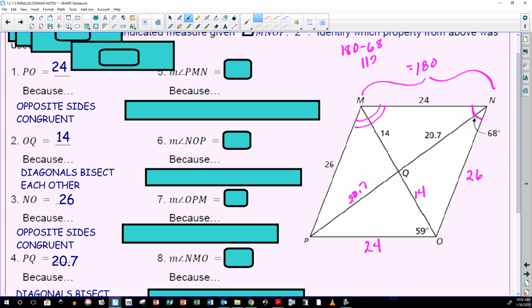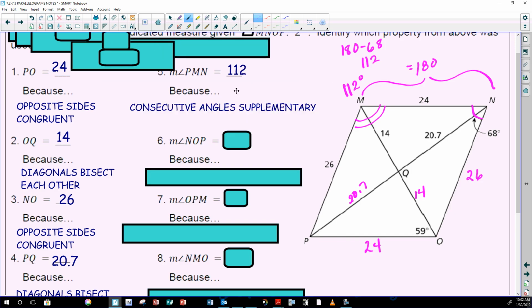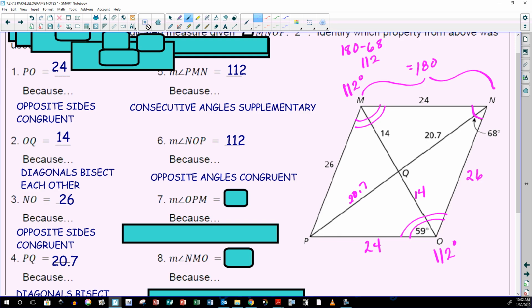That would be 112. So this whole entire angle here is 112 degrees because consecutive angles are supplementary. NOP, that would be this angle here, which we know is now 112 because opposite angles are congruent.